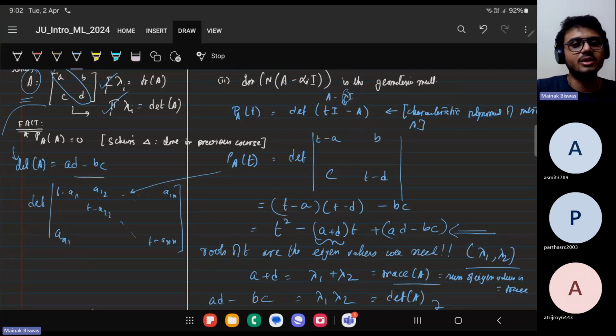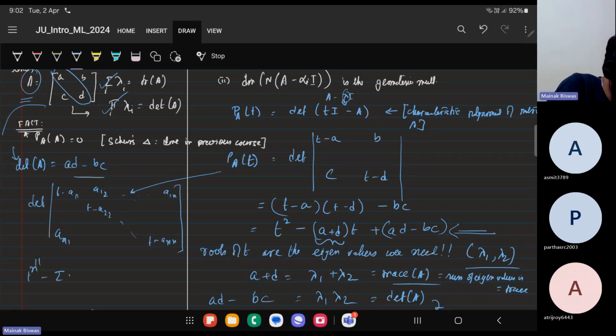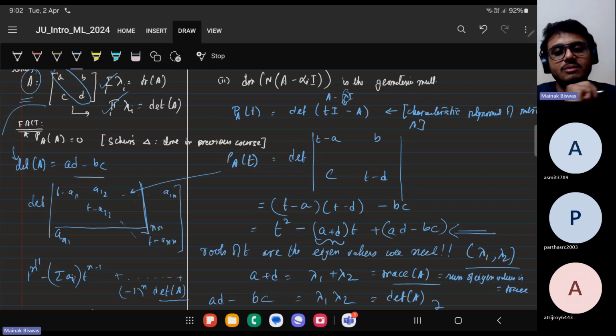So this determinant will be of order t to the power n, with the term summation of aii times t to the power n minus 1, and a lot of insignificant terms. At the end you will have the determinant of A, and you can show this by induction. You can show it for an n by n matrix and then for an n plus 1 by n plus 1 matrix. It's just simple things. Like 2 to 3 you can show.